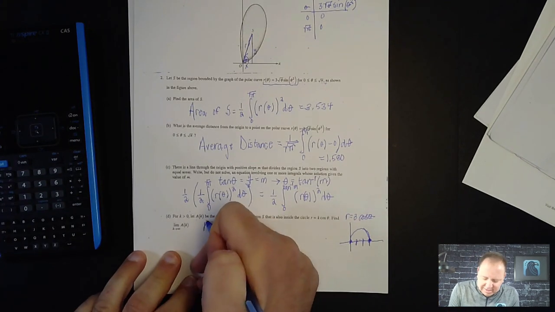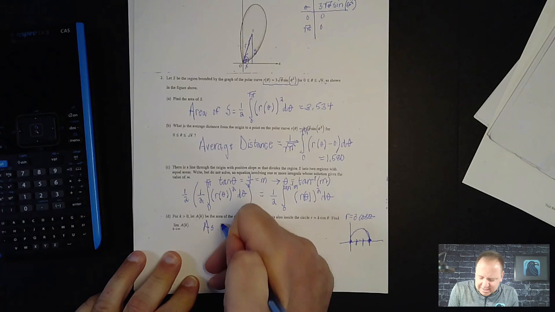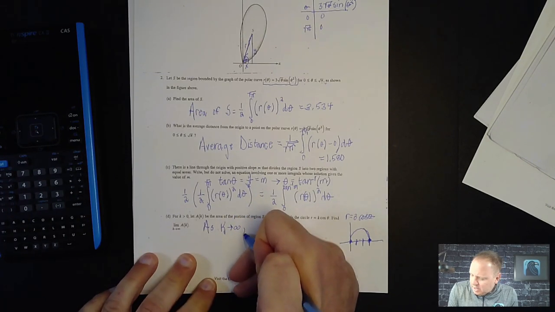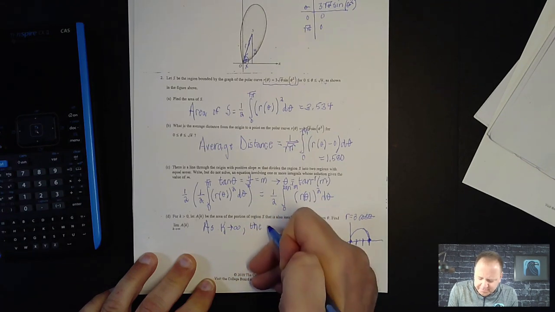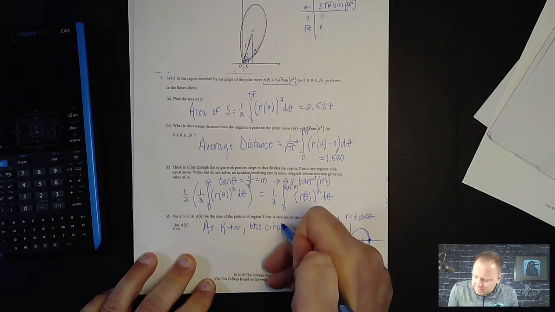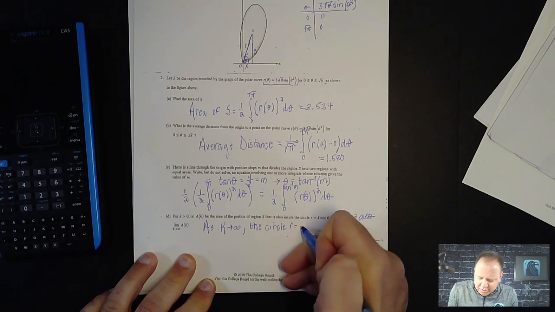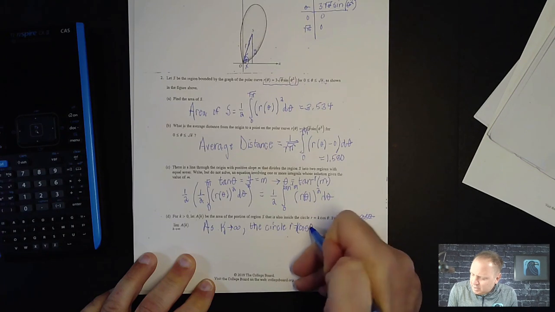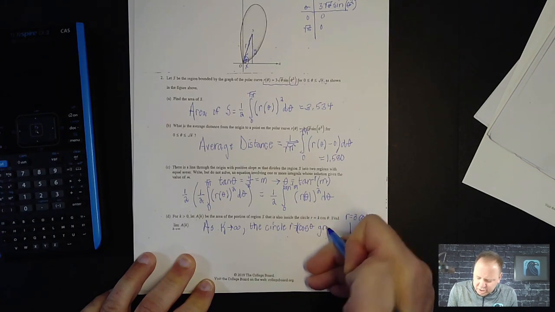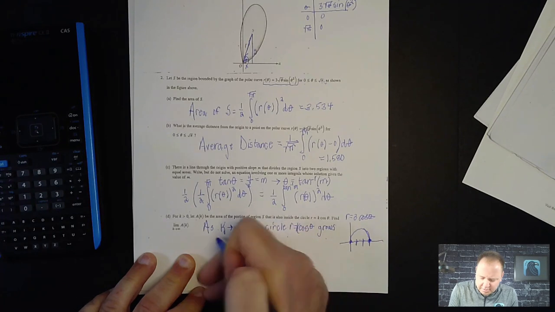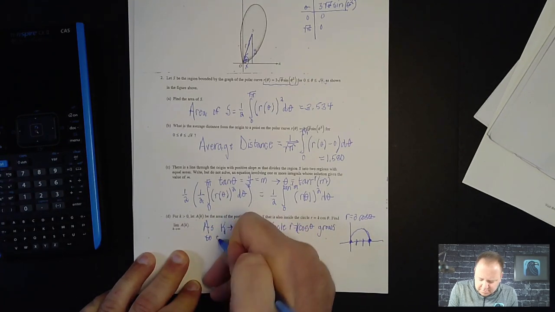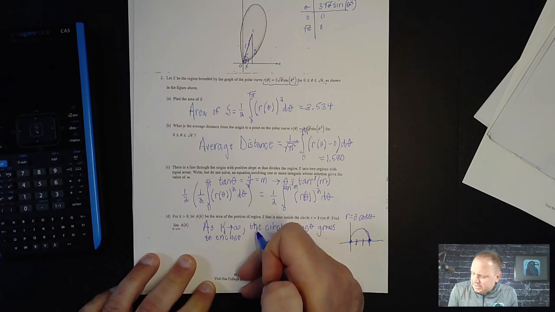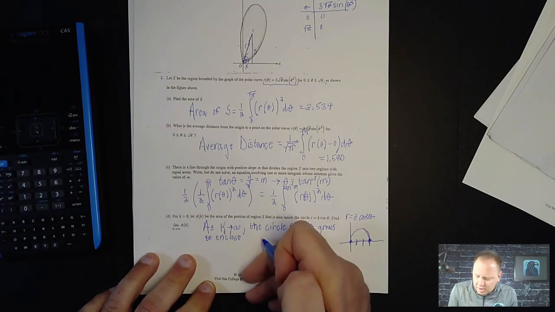So again, a lot of students would struggle with this. So as k approaches infinity, the circle r equals k cosine of theta grows to enclose all points to the right of the y-axis.